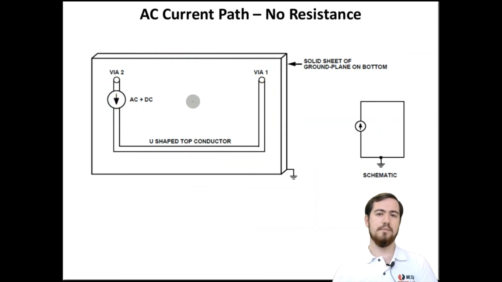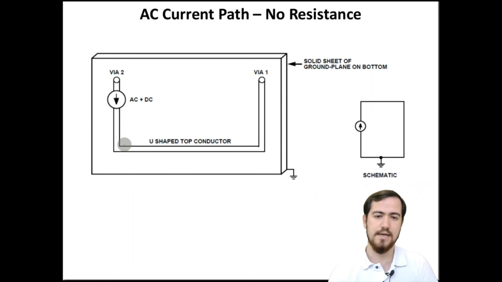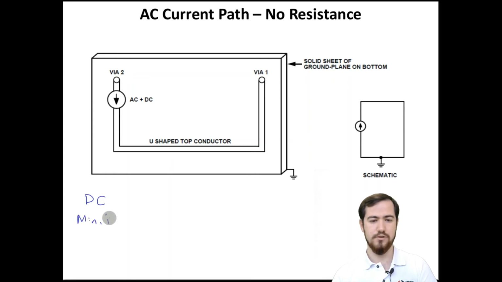So let's think now about the AC current path and just ignore that the copper has any resistance. The thing is that the AC current should follow the minimum inductance path. So the rule of thumb is that the DC current should follow the minimum resistance path and the AC current should follow the minimum inductance path.